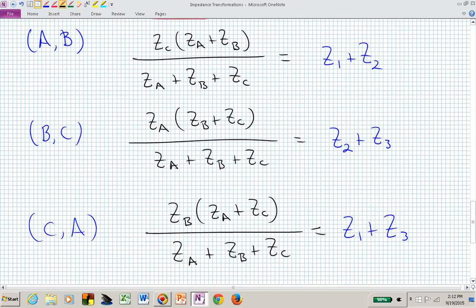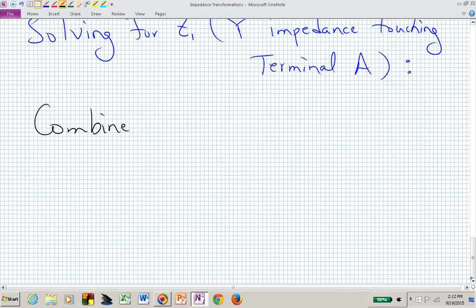If we take the first equation, the AB terminal equation, and we subtract the BC equation, we end up getting rid of the Z sub 2. And then if we look at the third row, the CA expression, and if we now add back in Z sub 3, we'll get rid of Z sub 3, and we'll end up with only 2 Z sub 1 on the right-hand side. And that's then going to be easily solvable for Z sub 1.